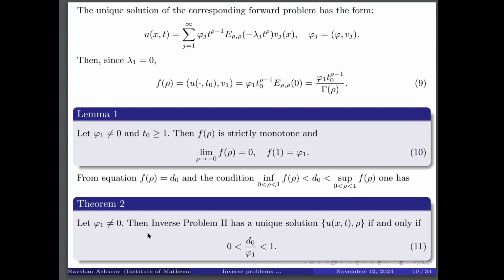So the theorem says inverse problem 2 has a unique solution if and only if this number d0 satisfies these inequalities. Here phi1 is the first coefficient of the function phi.